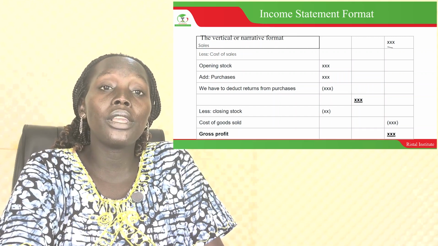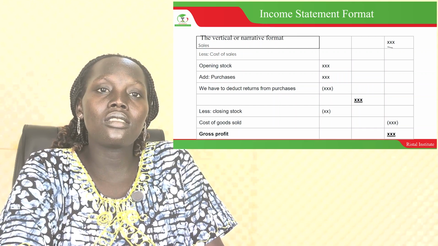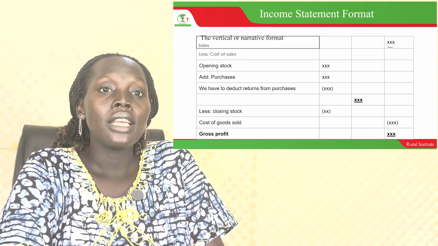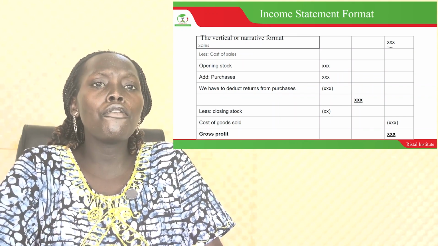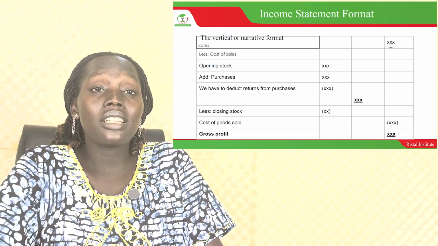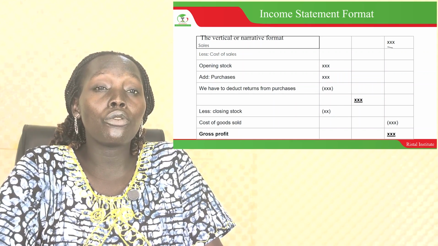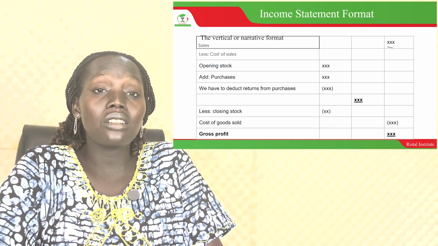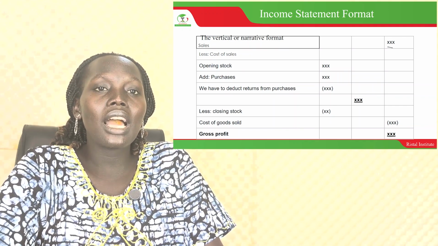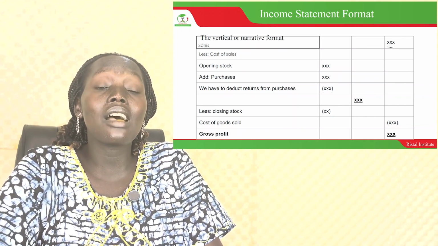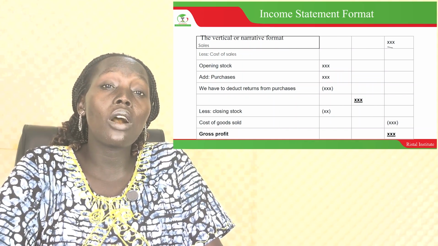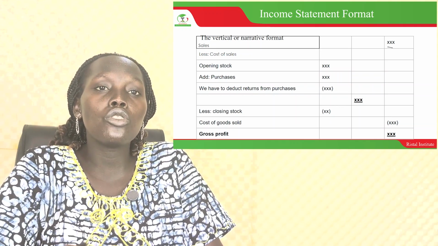So you start with opening stock, then you add the purchases, the new purchases that you have made. For instance, if you purchase goods and you find out that among the goods you've purchased, some are spoiled, or some are damaged, or some are expired, what do you do as a business? You return those goods back.